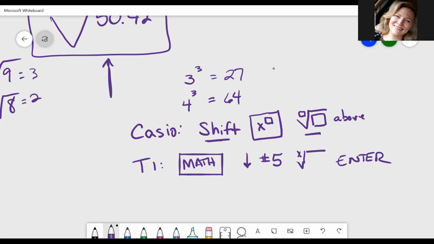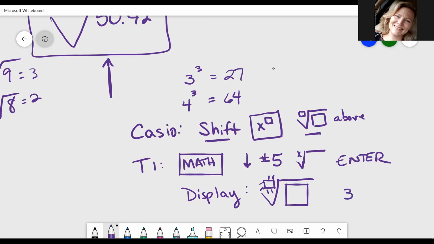At that point, after I hit enter, your display on both the Casio and the Texas Instruments should wind up looking like that. This one right here should be flashing, so you can just go ahead and put your number into there.